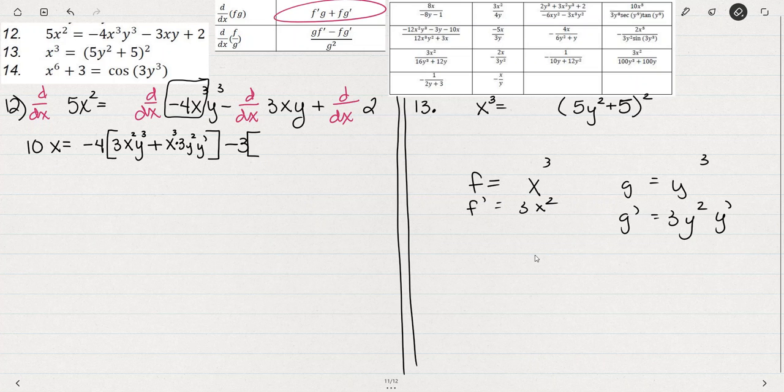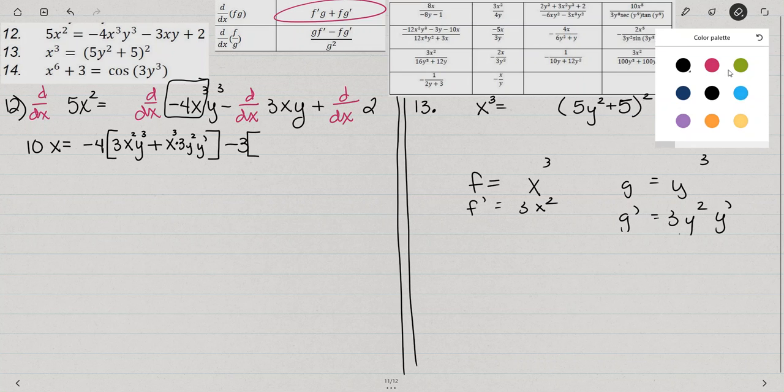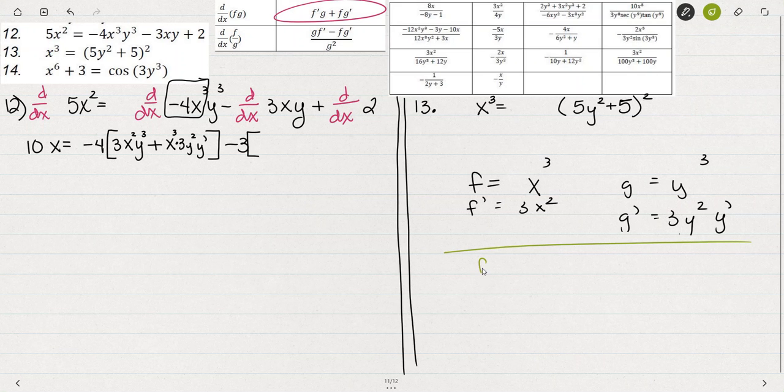So, maybe I better write it out over here just in case anyone's not sure what I'm doing here. The f term is the x, and the g term, the second factor, is y. The derivative of x is 1. The derivative of y is y prime. So when I say f prime, that's the 1.